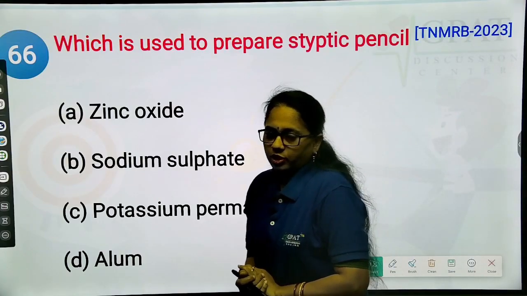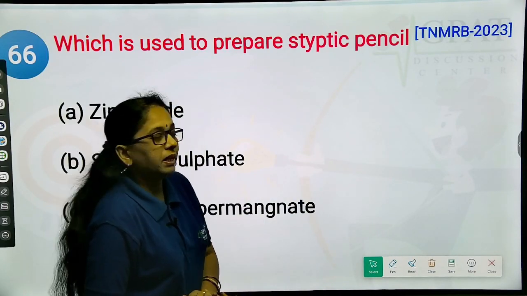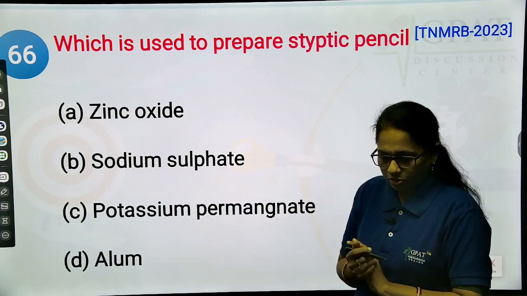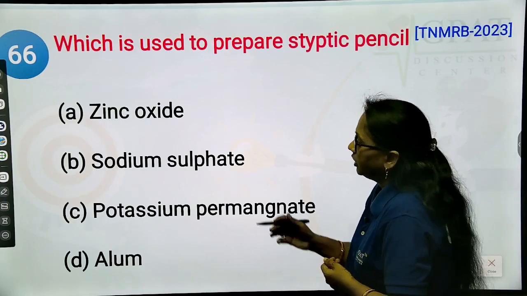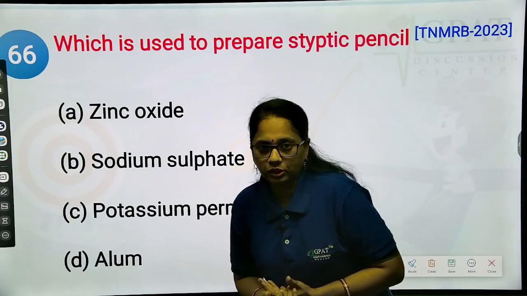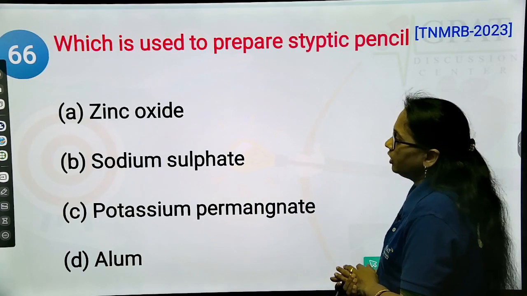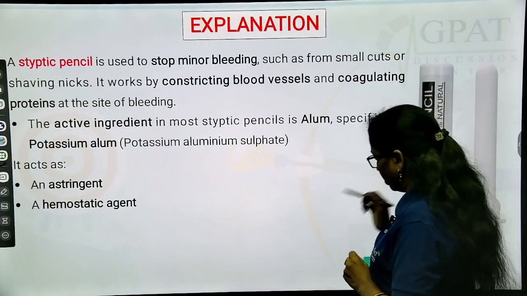Okay, let's move to the next question, which is used to prepare a styptic pencil. That means, why is this styptic pencil used? First of all, we should know that, and how this styptic pencil is useful in some emergency cases. Let us see what this styptic pencil looks like.